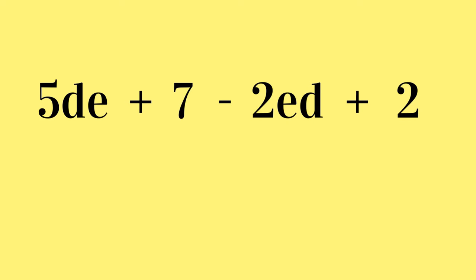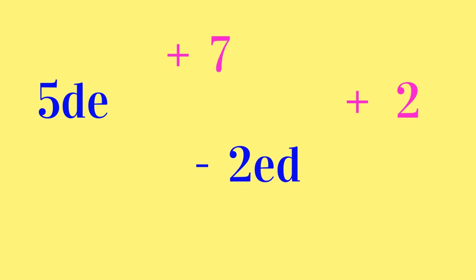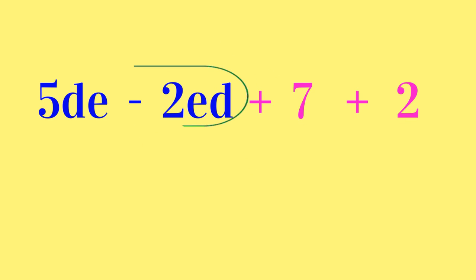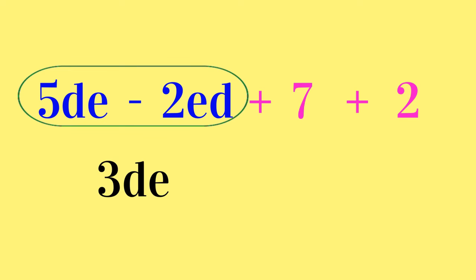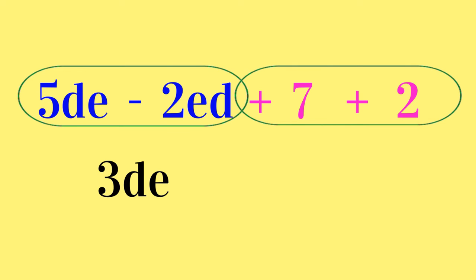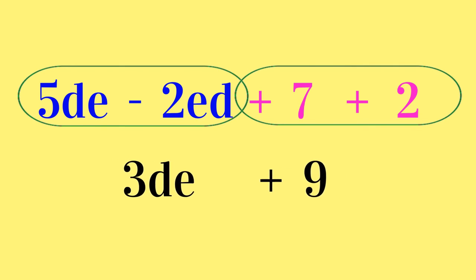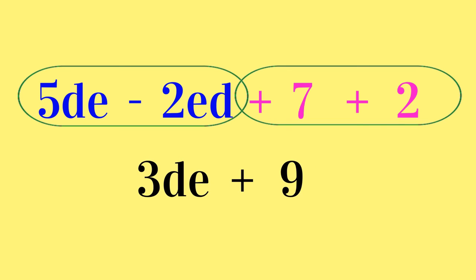We can group this expression into two sets of like terms. 5DE and subtract 2ED can be simplified to make 3DE, and add 7, add 2 are added together to make add 9. So the simplified expression is 3DE add 9.